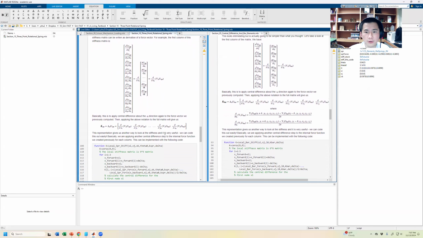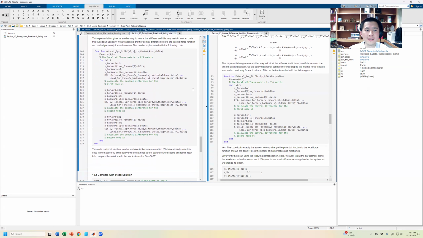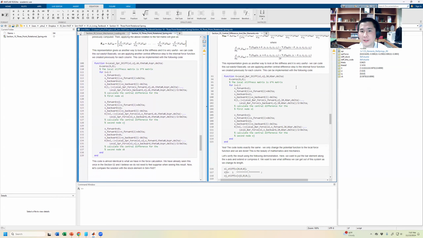But going back to here, what we've been doing in section 5 is to just use the exact same formulas we have in the previous force equation, make a little tweak there, and use that to directly calculate the stiffness.